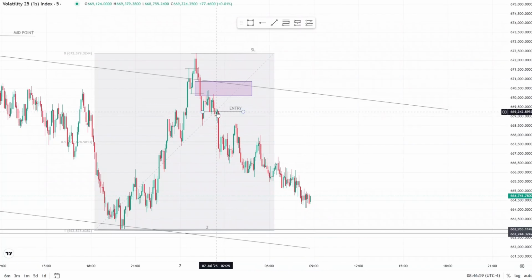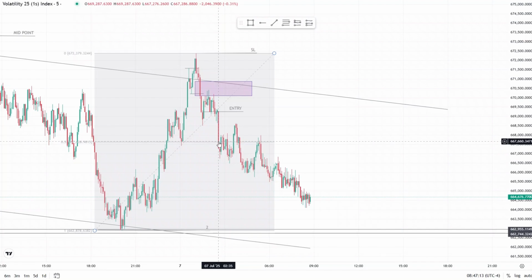So what you want here, if you're inside this trade, you want price to hit this level and then you're out. Or you want price to hit this level, and after it hits, you're not going to panic. After it hit, you want to see price close below this midpoint level right here. You want to see it close below it.